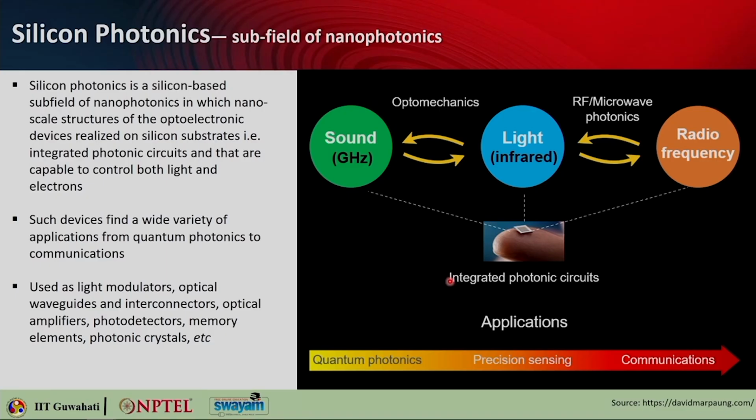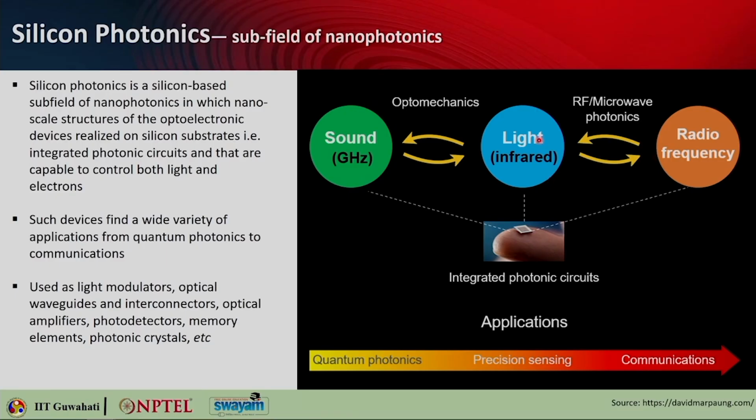photonic crystals, etc. So if you see integrated photonic circuits, there you actually have integration between light, radio frequency and also sound, in a way that is how light and radio frequency are interacting. There is a field called microwave photonics which we have discussed briefly in the previous lecture.